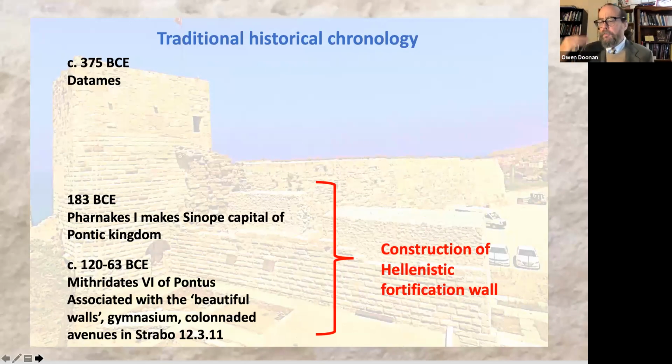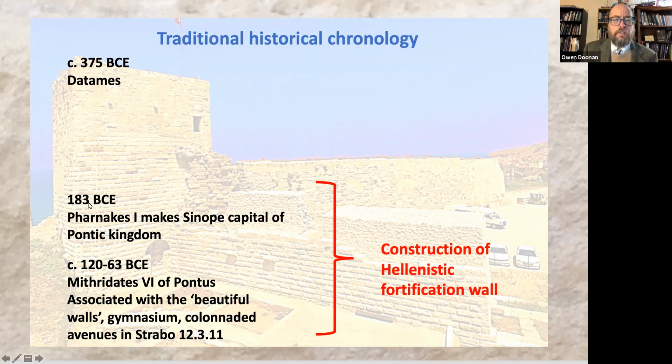Now, in thinking about the development of the city, one of our important results at Sinope has been that we've been able to redate the construction of the Hellenistic fortification wall, which had been traditionally associated either with the conquest of Sinope by Pharnaces I in 183-182, or perhaps with the beautification of the city under Mithridates VI, who was born here and identified very much with the city.